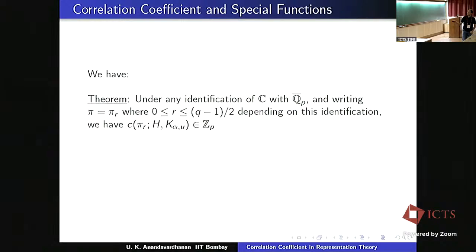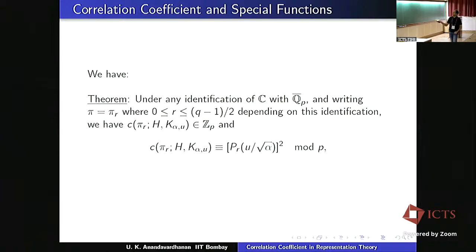Earlier, when U was 0, it became independent of alpha, and therefore I wrote just K. So now it depends on both. And then what is the answer? Again, we have the answer only mod P, and this is the mod P result. It is this number, and what is this number?